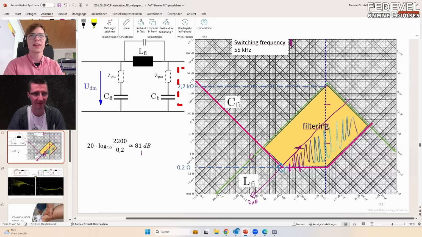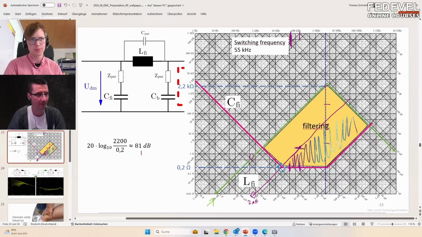Yes, this is right. And here you can see it very well. Let's say we are still using this inductor as it was before. Here you have the resonant frequency, and our switching frequency was here, so far away. Let's say the switching frequency would be here at 2 kilohertz. This would be a nightmare. The only limiting value for this resonant circuit is the ESR.